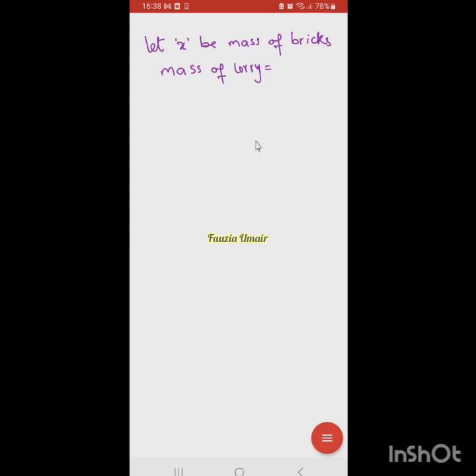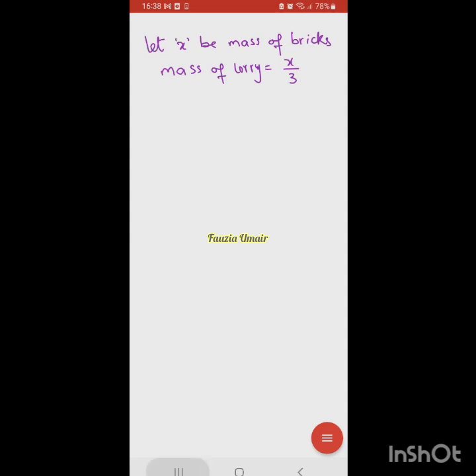So what would be the mass of lorry? X by 3. Are you able to understand it or do you want me to explain? See, what is x? The mass of bricks. And they are saying that the mass of the lorry is 1/3 of the mass of bricks.